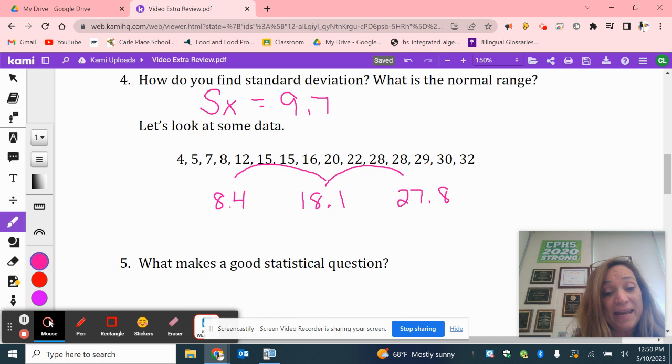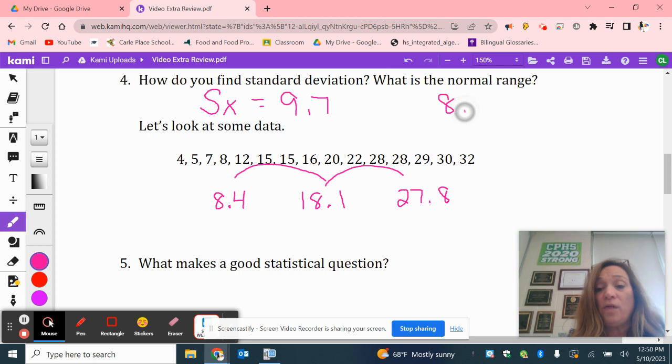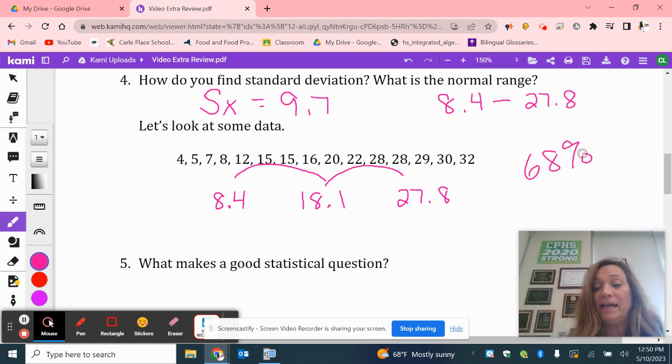You add it and you subtract it. So that gives you the interval that is one standard deviation away from the mean, and that's what we call the normal range. So it's from 8.4 to 27.8. And again, that represents approximately, not exactly, approximately 68% of the data. 68% of the data is within one standard deviation of the mean.